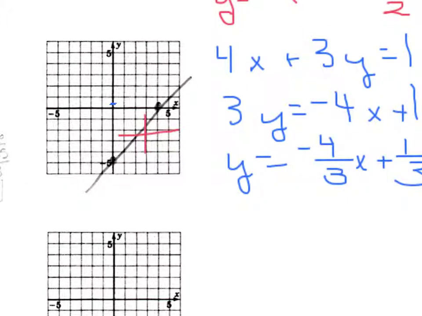And then we count down 4 and over 3, and we get a point here. So our line looks something like this blue line.